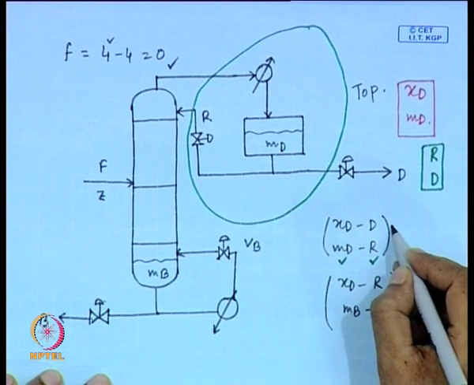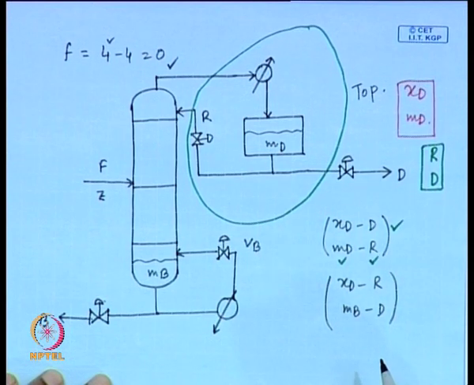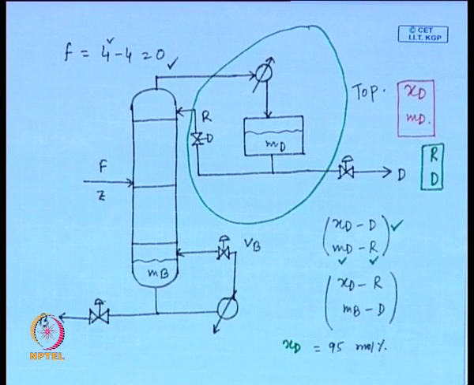Another option is x d versus d. Suppose we have the distillate composition at the present time 95 mole percent, I mean the distillate purity presently is 95 mole percent. Now, we want to change it to 98 mole percent purity.